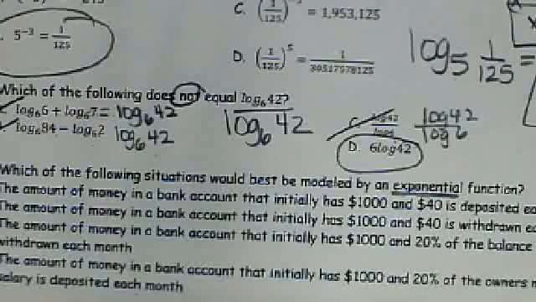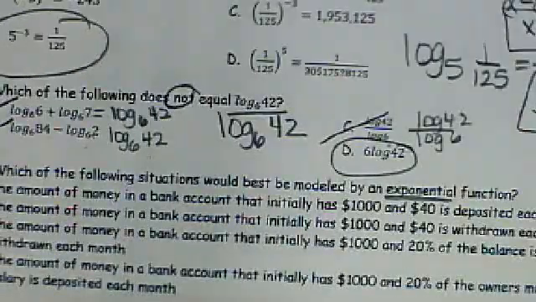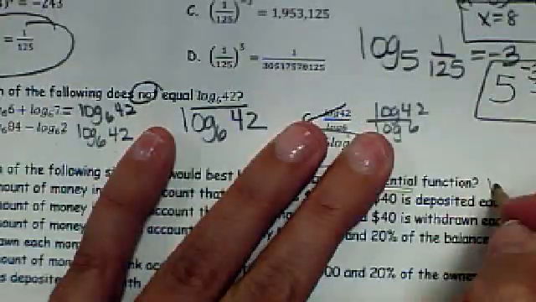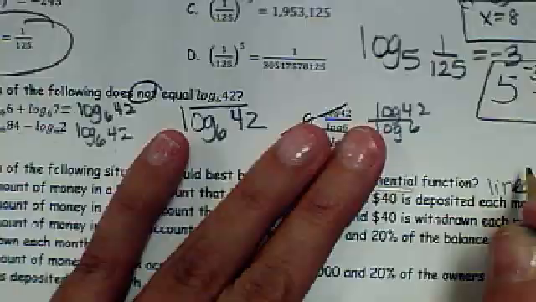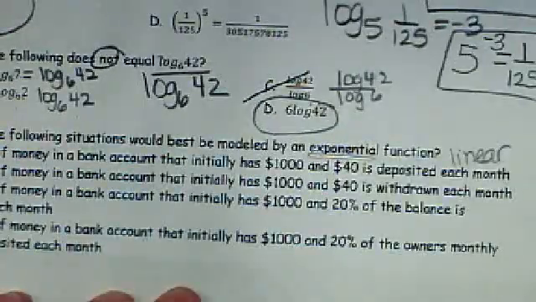So answer A, the amount of money in a bank account that initially has $1,000 and $40 is deposited each month. That is a linear function because the exact same thing is done every single month. $40 is deposited in every single month. It's the exact same. When it's the exact same like that, that's linear.